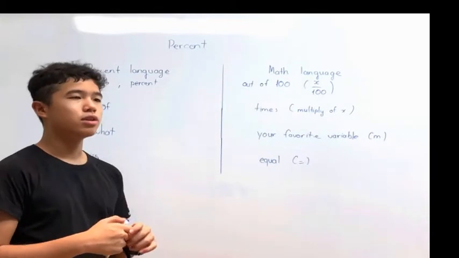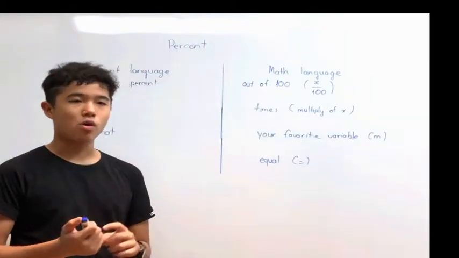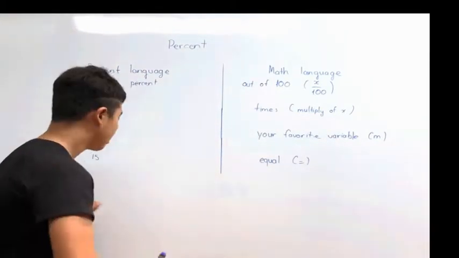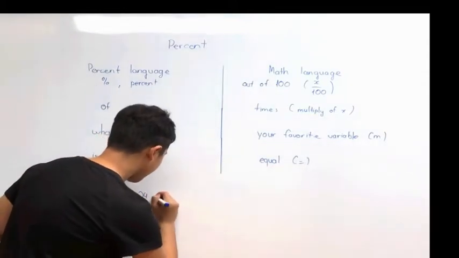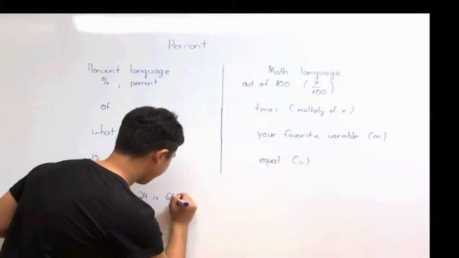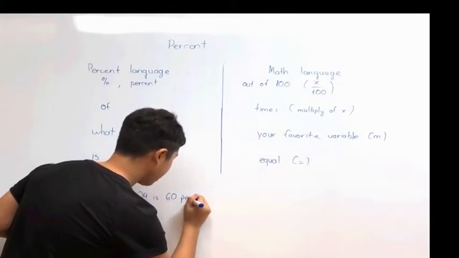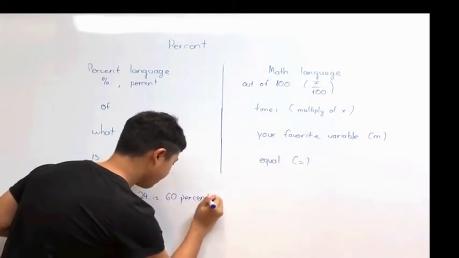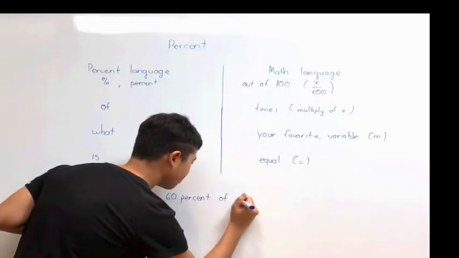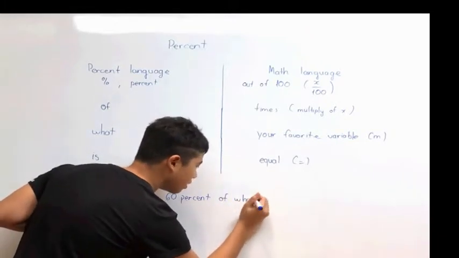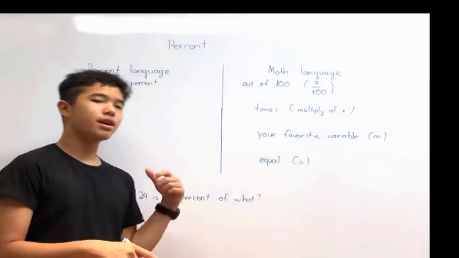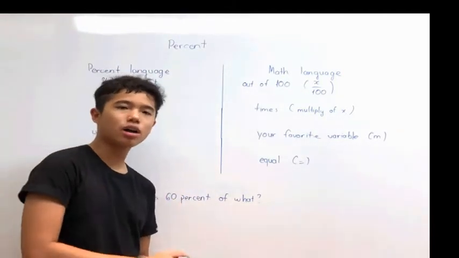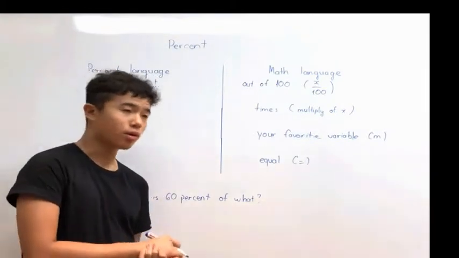We will change the place of the words to get it correct. So the final equation is 24 is 60% of what? This is a little bit easier for you. The previous one is a little bit harder, it's for middle and upper levels.